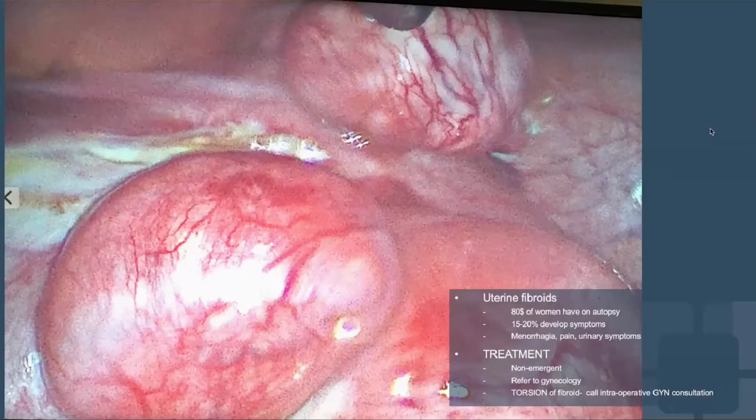Uterine fibroids: 80% of women have them on autopsy, and remember, 15 to 20% of women with uterine fibroids on ultrasound develop symptoms. These generally look like big white balls with a pink and red sort of small layer on top of it.